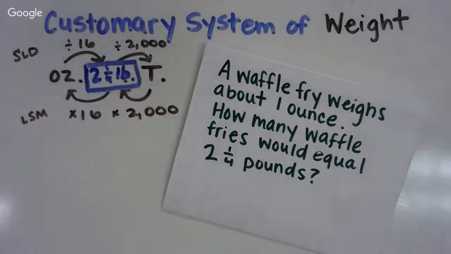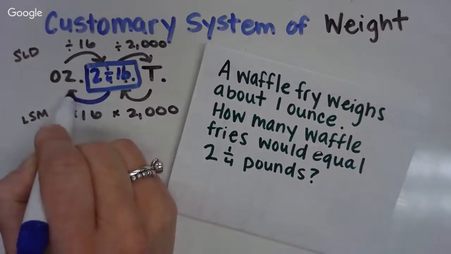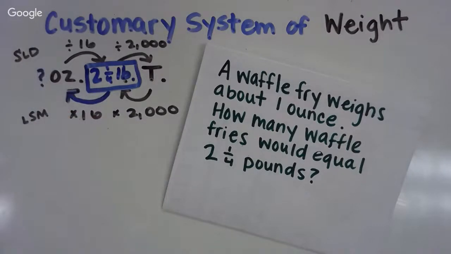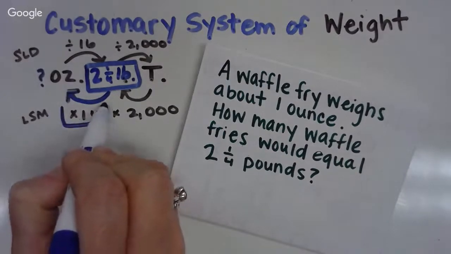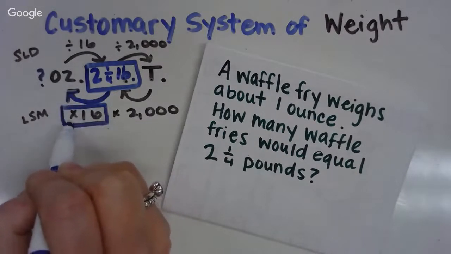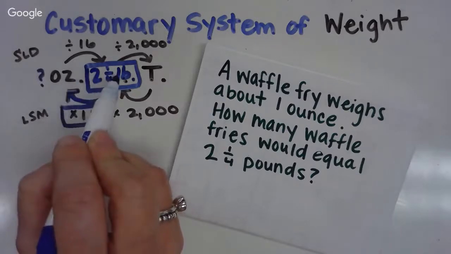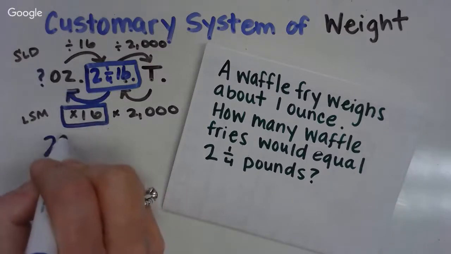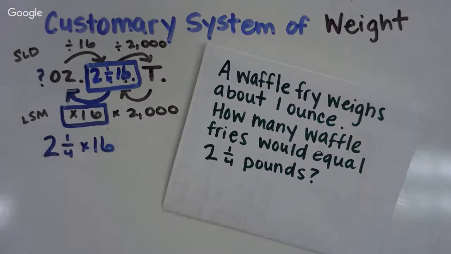This is my starting point, but I'm trying to convert, I'm trying to get to ounces. I want to know how many ounces are in 2 1/4 pounds. To get there, I'm going to multiply by 16, because there are 16 ounces in each of those pounds.